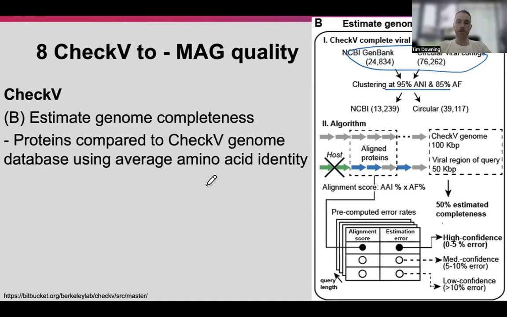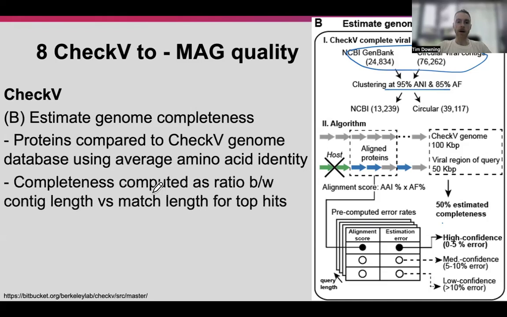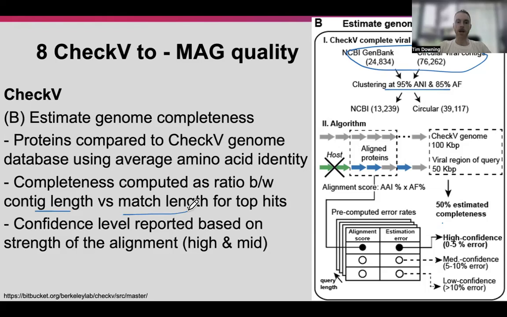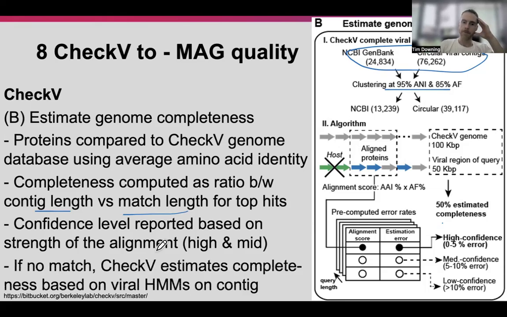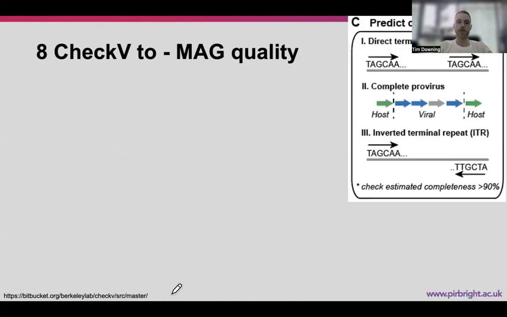It does this at the protein level and looks at the contig length versus the match length for the top hit from these databases, and has a confidence level associated with the outputs that it gets. So its accuracy may vary. Then if there's no match, it assesses the completeness based on the viral hidden Markov models for that particular contig.